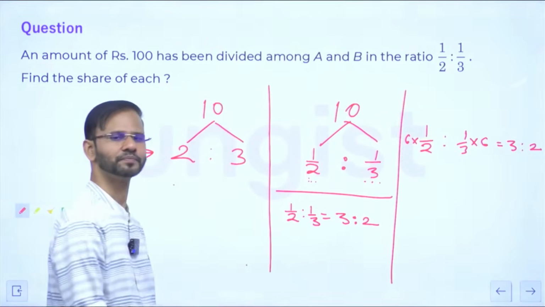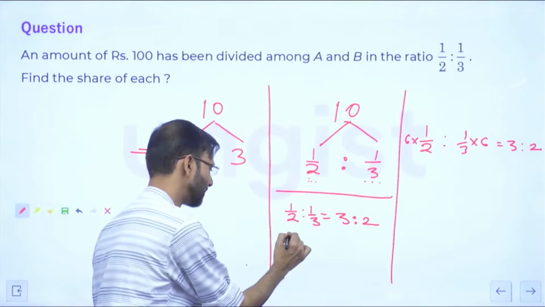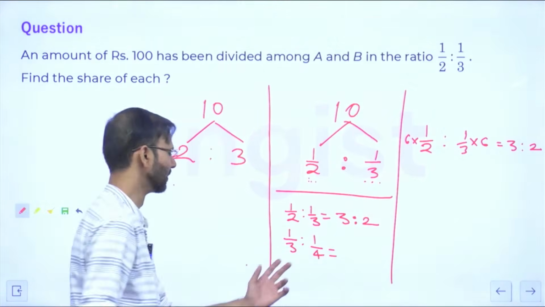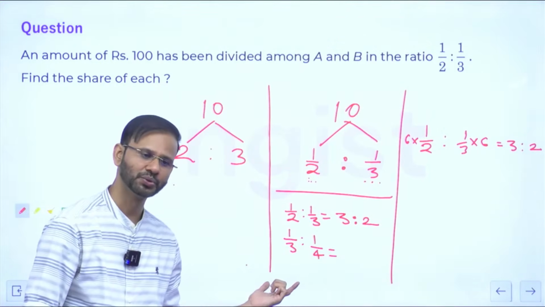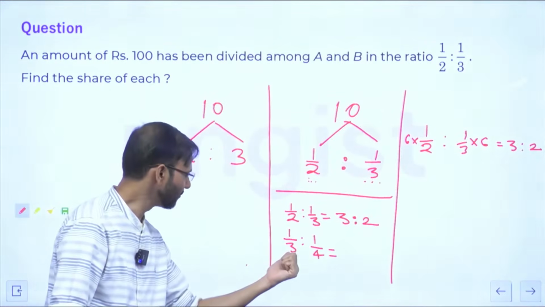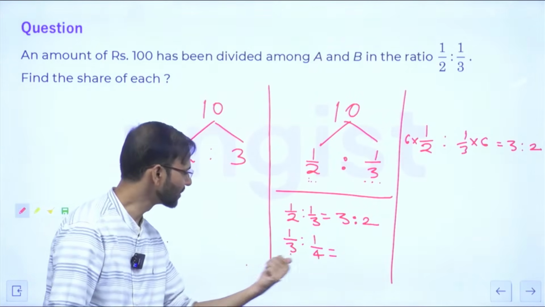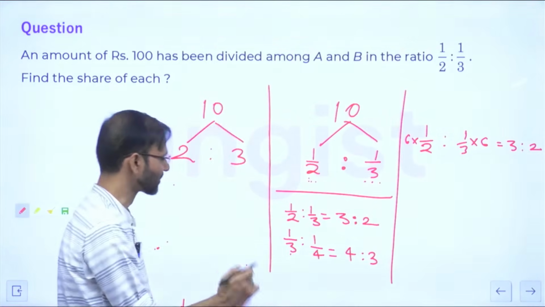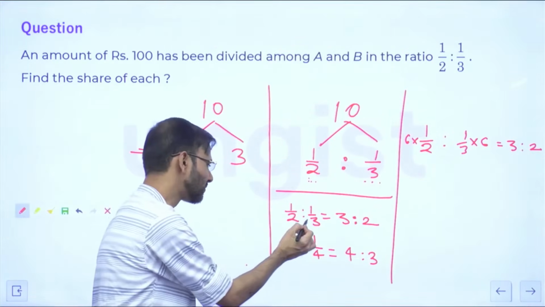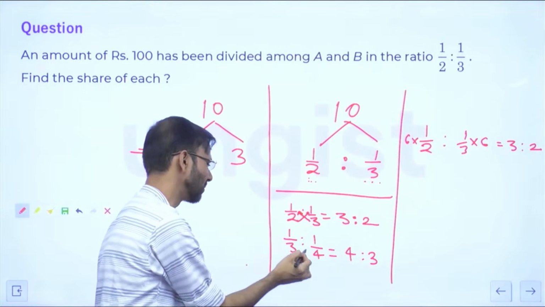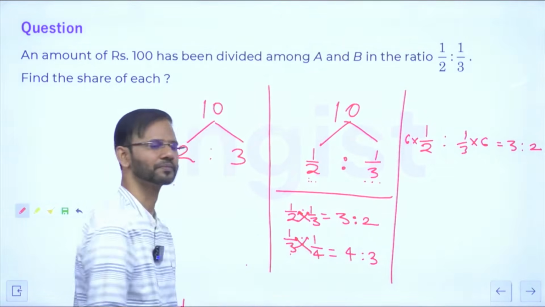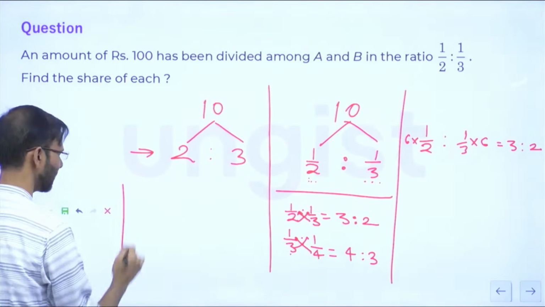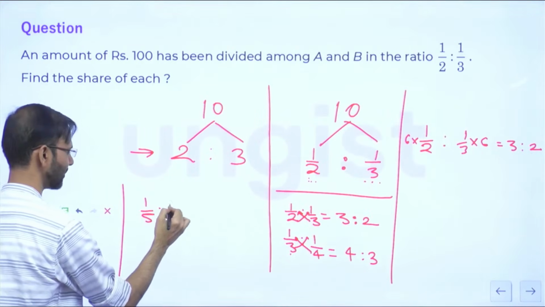Everyone fine now? Once again guys, tell me 1/3 is to 1/4. What is the LCM? Quick. 12. Yes. If you multiply this number with 12, 4, this number with 12, 3. Yes. Everyone, you know what? We are doing nothing but cross multiplication. Just check it out, right? So again, everyone, tell me 1 by 5 is to 1 by 7.